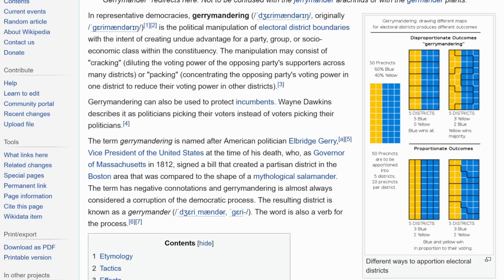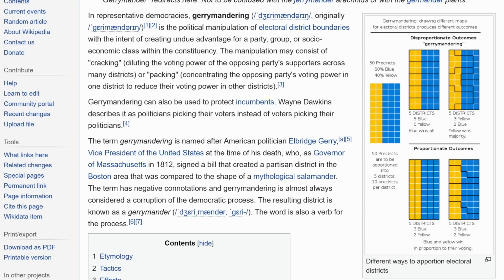You can see on the right top, if you draw the boundaries in a way that overrepresents the blue districts in their districts and overrepresents the yellow districts in their districts, you can get the 40% yellow to overcome the 60% blue. It's a bit of mathematical trickery.